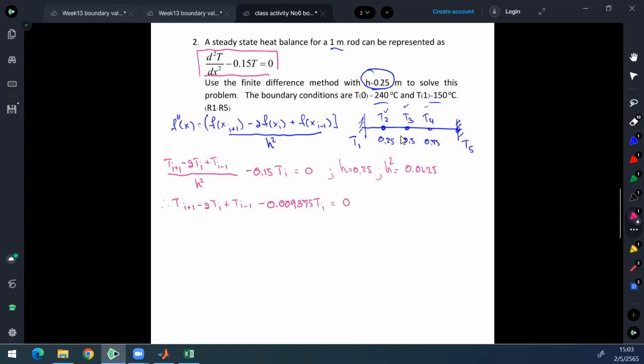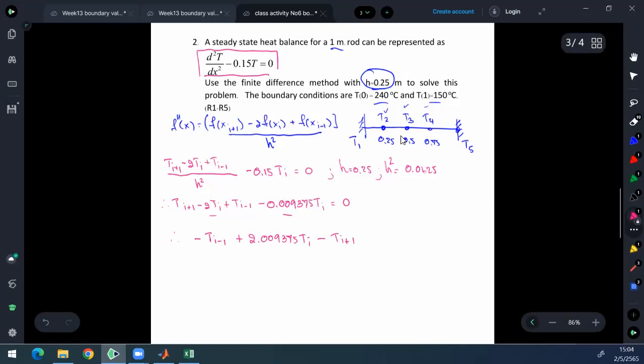Rearranging this equation again, we have the equation of minus T i minus 1, plus 2.009375 T i, minus T i plus 1, equal to 0.